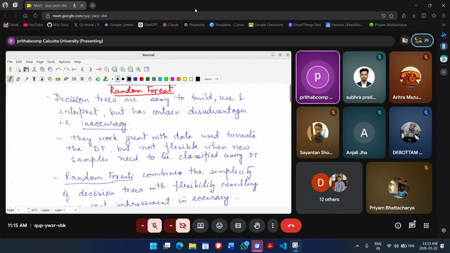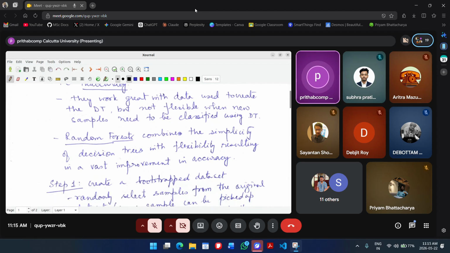The main thing is inaccuracy. If the new data for which you want to predict the class is very much like what you have built the decision tree with, then it will work fine, but it is not very flexible when new samples need to be classified using this decision tree.